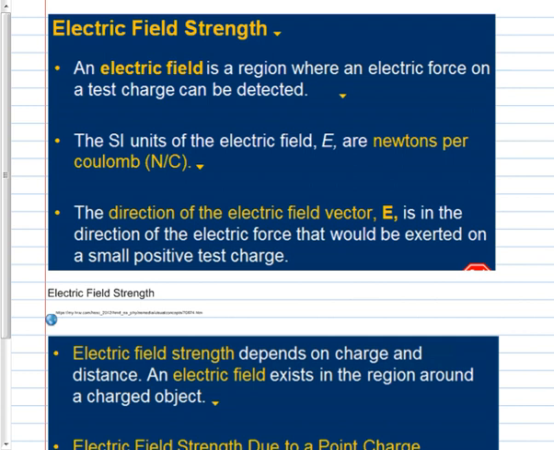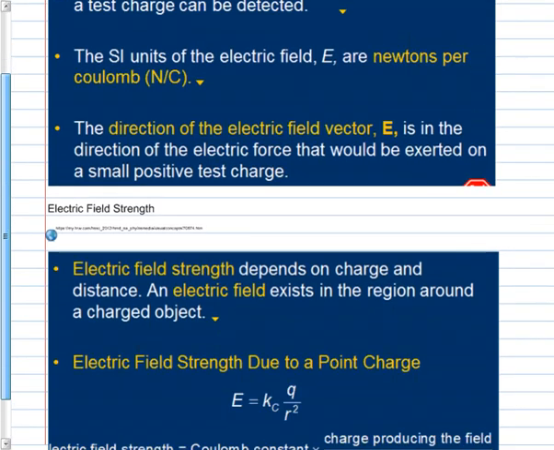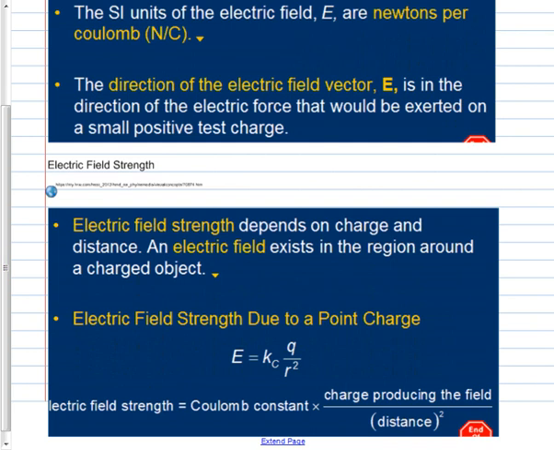So newtons per coulomb. The direction of the electric field vector, and we're going to use capital E, is the direction of the electric force that would be exerted on a small, what's that next word? Positive test charge. So here's the idea. I think of a positive charge to know what direction my electric field is.